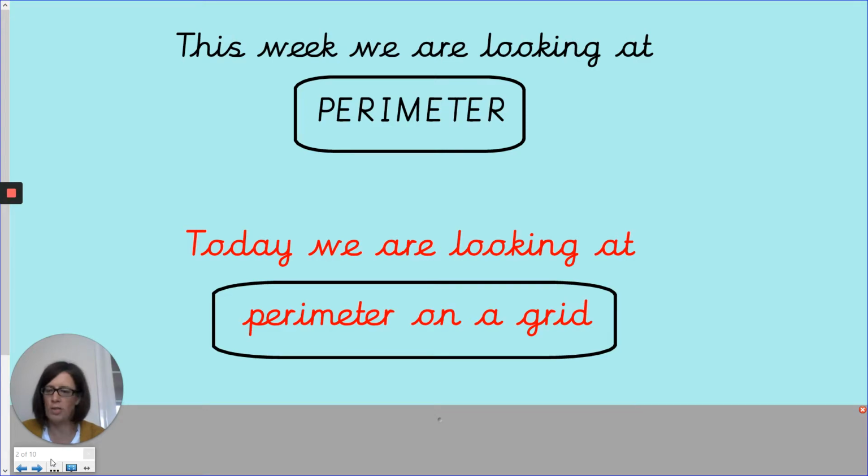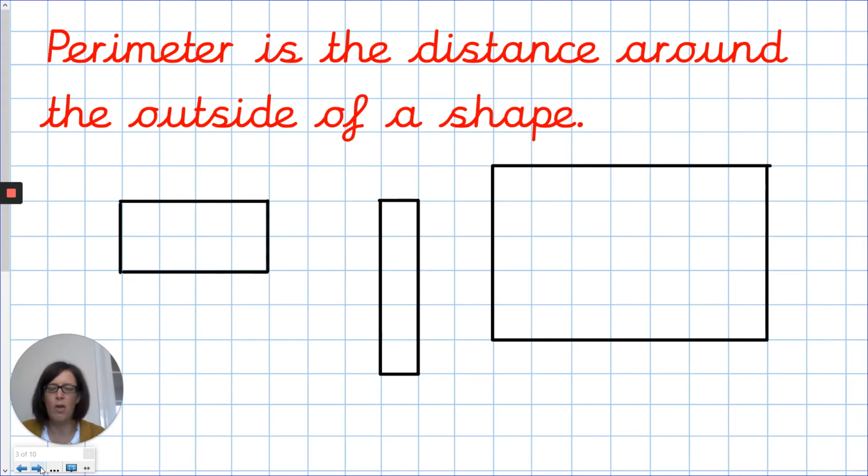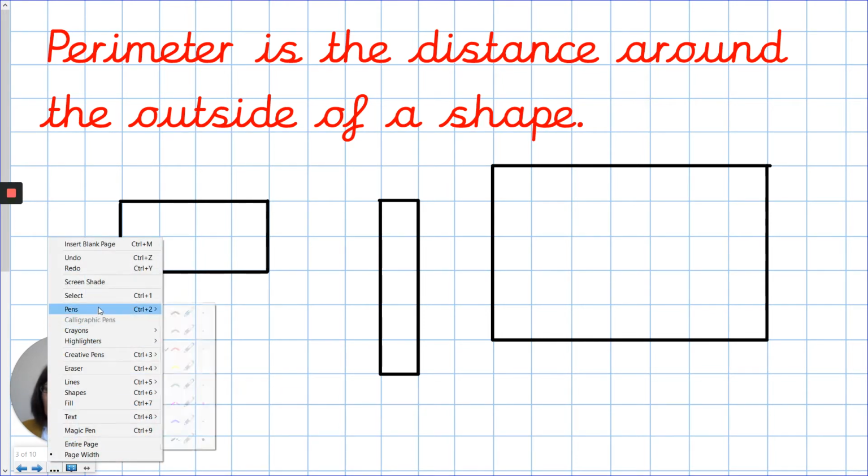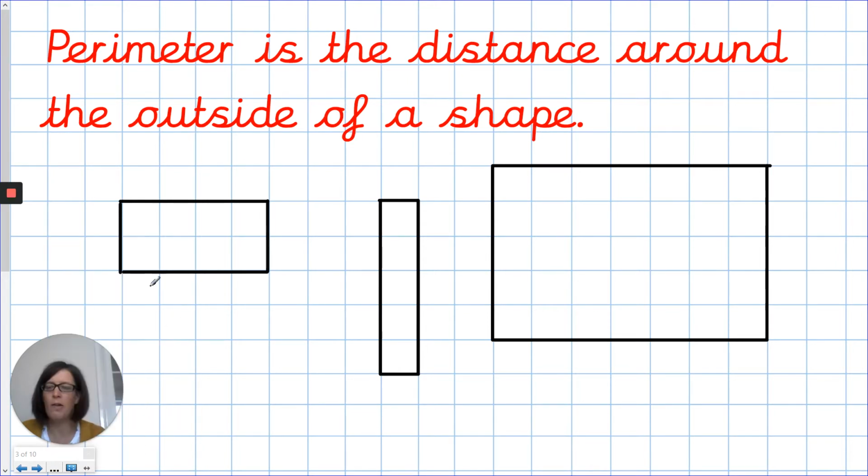Perimeter is the distance around the outside of a shape. So we're looking at these rectangles. If I get myself a pen, the perimeter is the distance around the outside of the whole shape, all 4 sides.